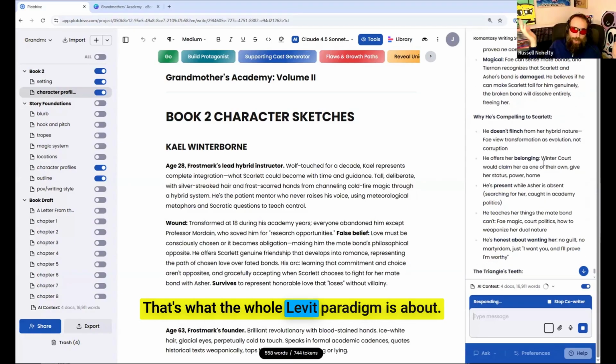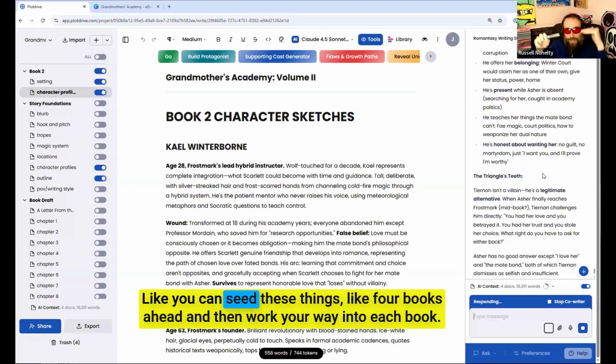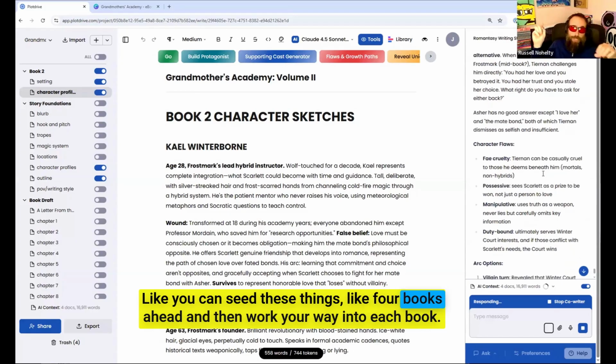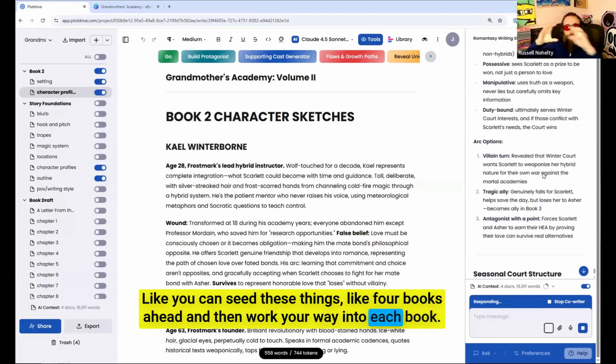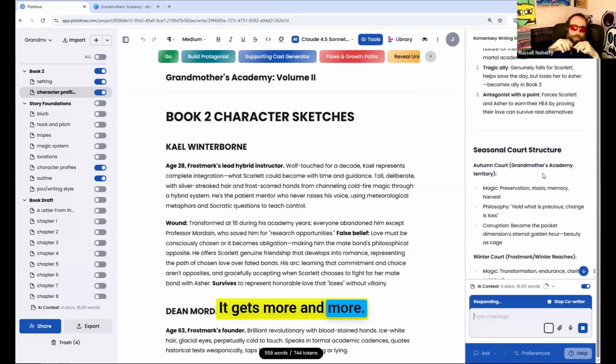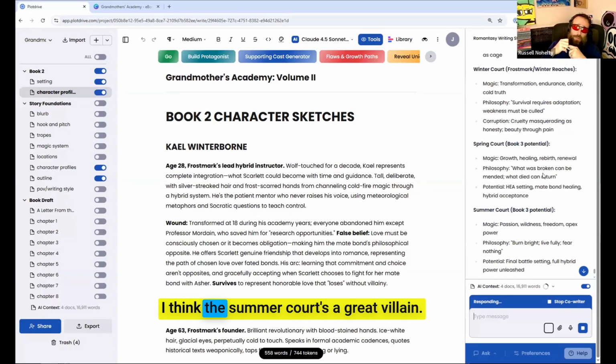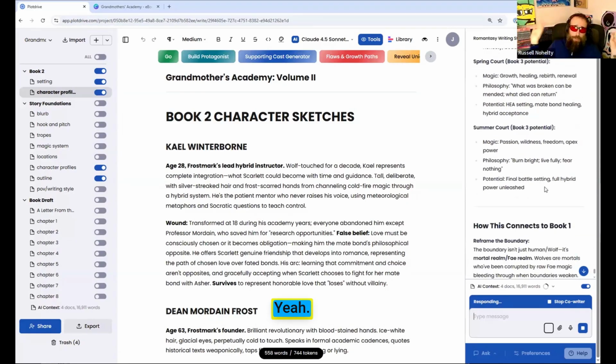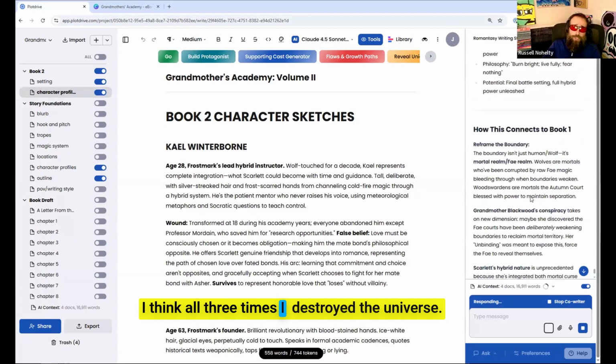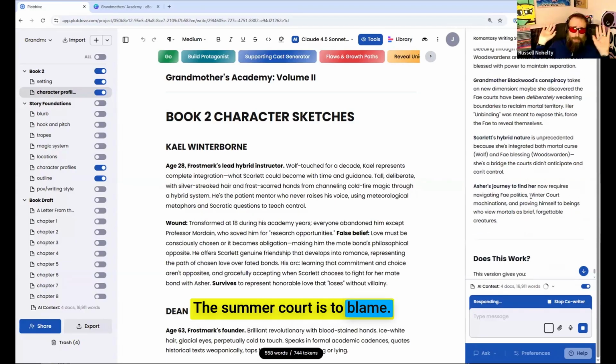That's what the whole Levitt's paradigm is about. You can seed these things four books ahead, and in each book it gets more and more. I think the Summer Courts are great villains. They're my favorite villains. Almost all, I think all three times they destroy the universe, the Summer Court is to blame.